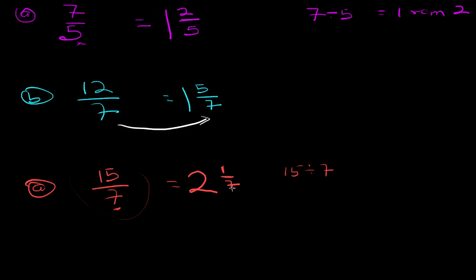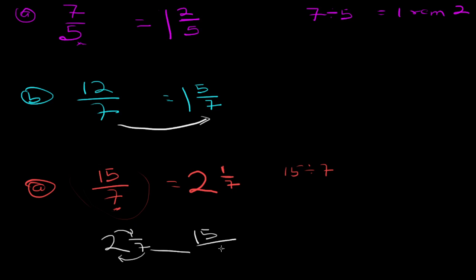So let's try to change this one back. You don't need to do this in your notes. I'm just trying to show you something. So let's try to change this one back to an improper fraction. What is 2 times 7? Or 7 times 2? It gives us 14. And then when we add 1, 14 plus 1 gives us 15.